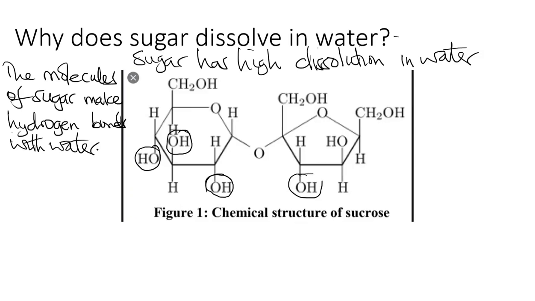So you can see that we have so many hydrogen bonds in sugar. Another OH here. That's another hydrogen bond. Another hydrogen bond here with water. Another hydrogen bond here with water. So sugar has so many hydrogen bonds that it can form with water. That's why sugar is able to dissolve in water.